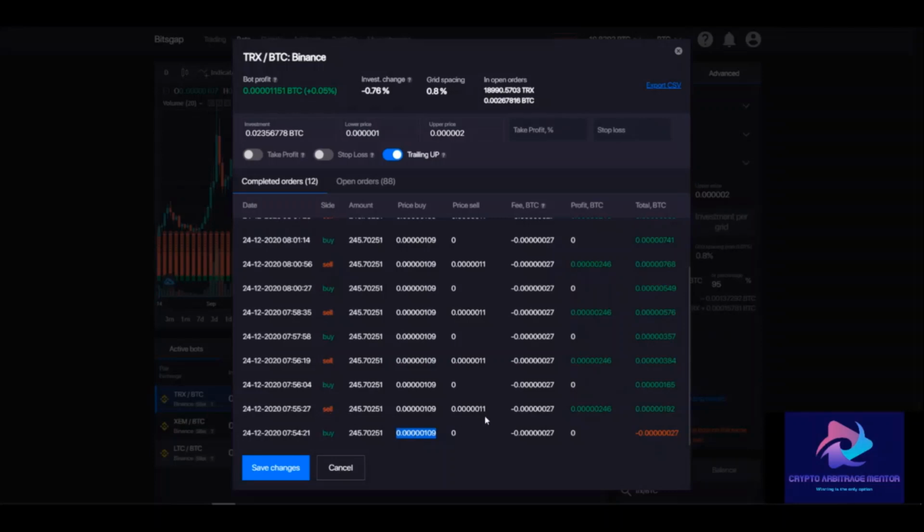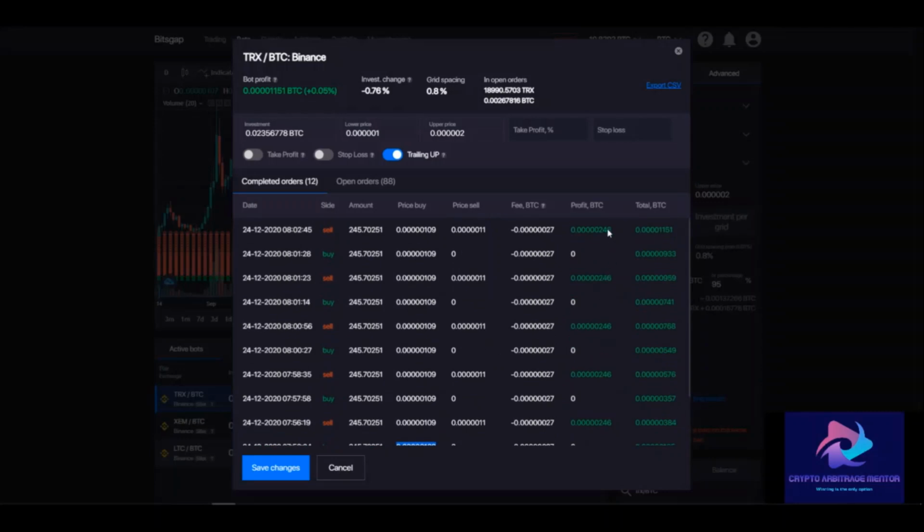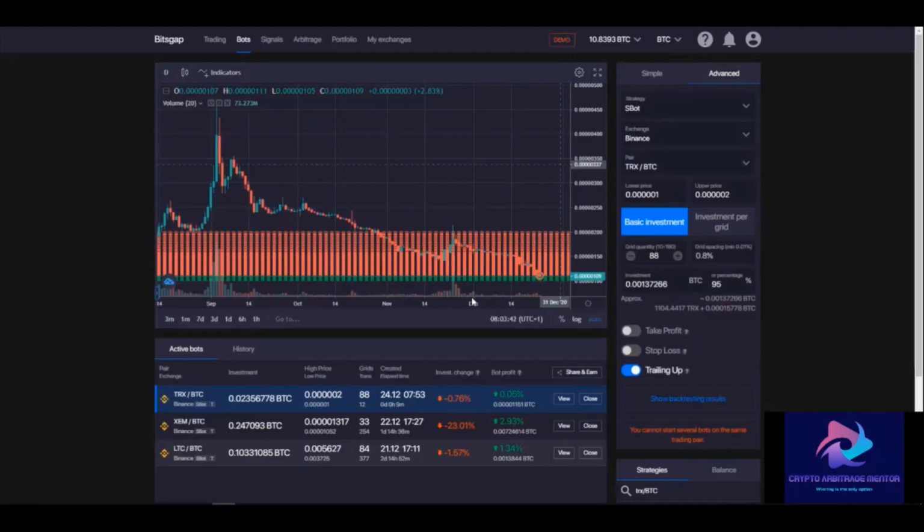But when we sell at 110, a new order was completed and generated again in the lower price, and again and again. Buy order, sell order, buy order, sell order, profit, profit, profit. This is the amazing part of the bot.